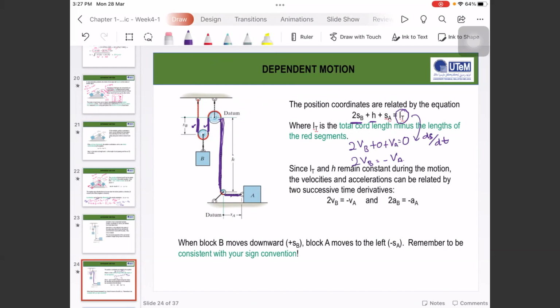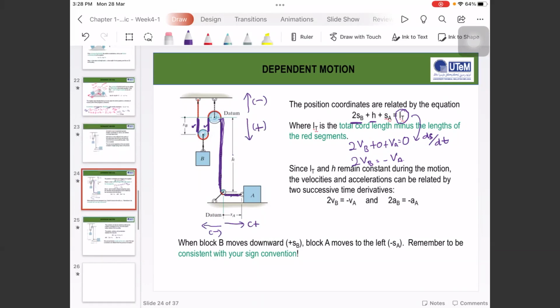Kita assume when we set the datum, there are two things. Okay. This is datum. Kita set yang ke bawah ini adalah positif. Plus adalah depends on your datum. Kalau kita set datum sini, positif. Right? Okay. Okay, kalau tak faham tak apa, kita tengok nanti.